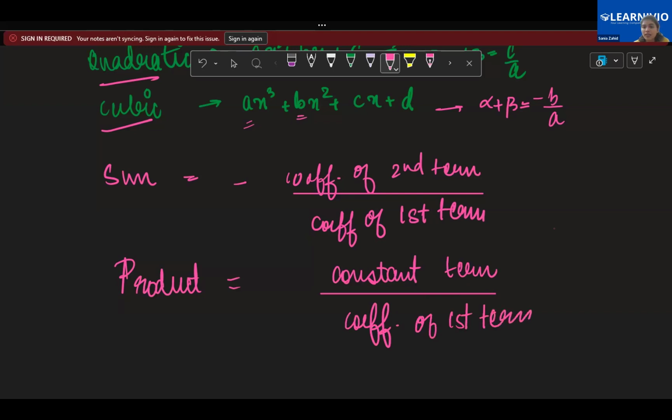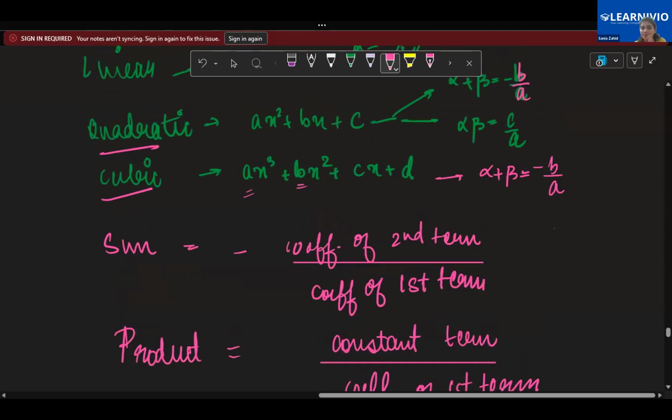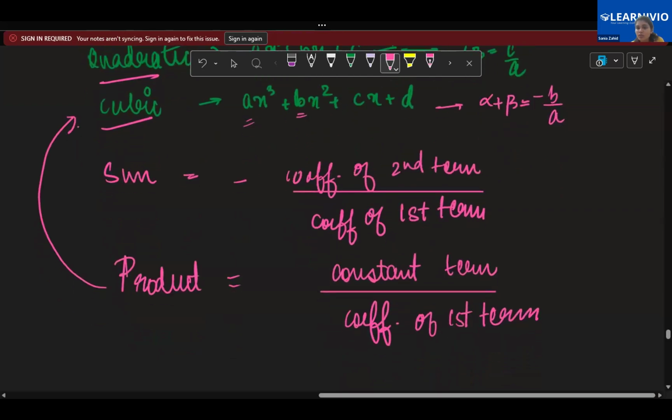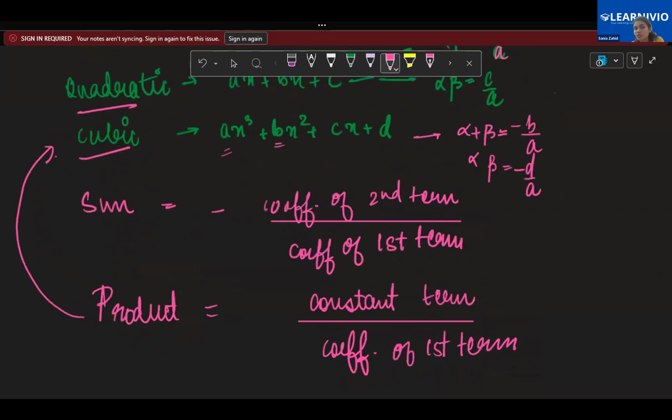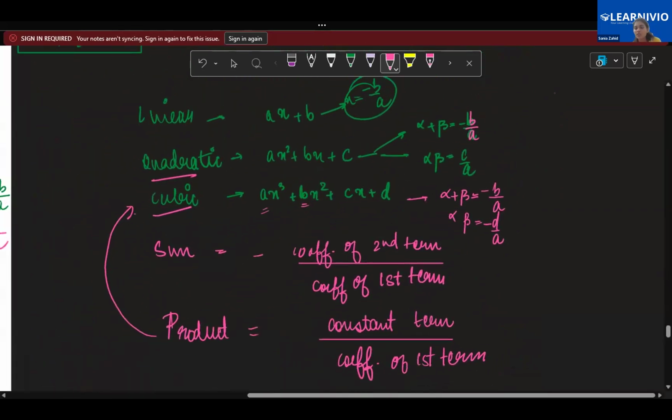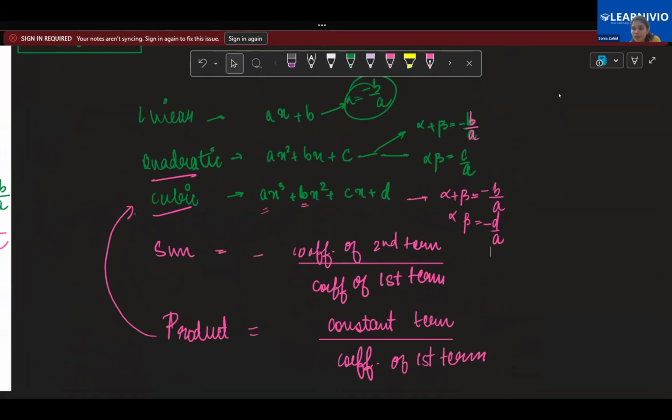But now, children, there's one catch over here: the formula for the product for a quadratic polynomial is positive, but for cubic it is negative. For a cubic one you will use alpha into beta is minus b by a, but for quadratic it's c by a. Tell me, do you understand all these points I've mentioned here? Yes, ma'am.